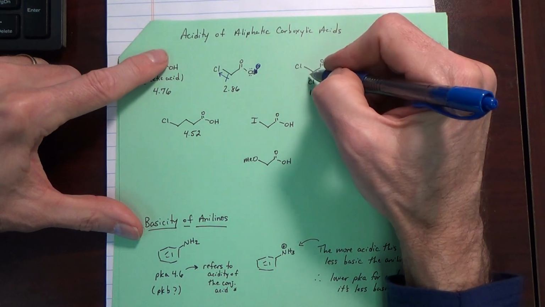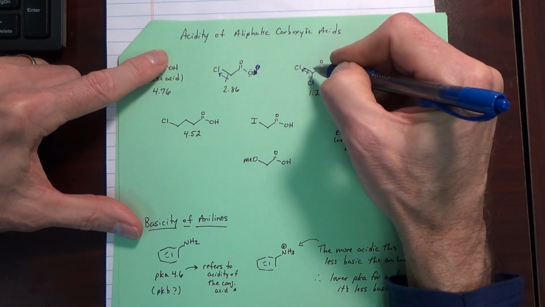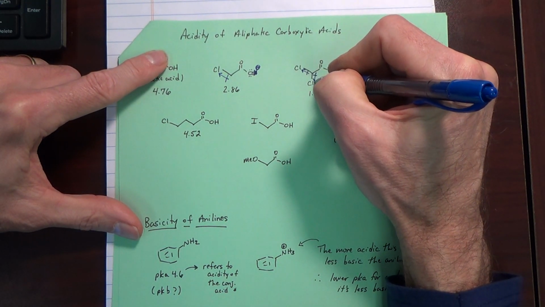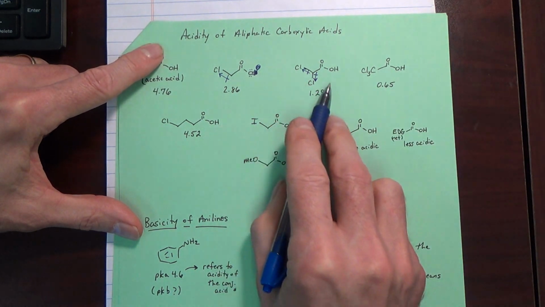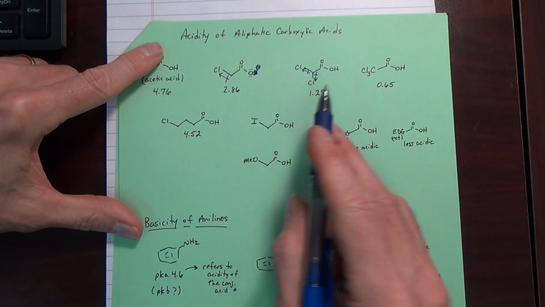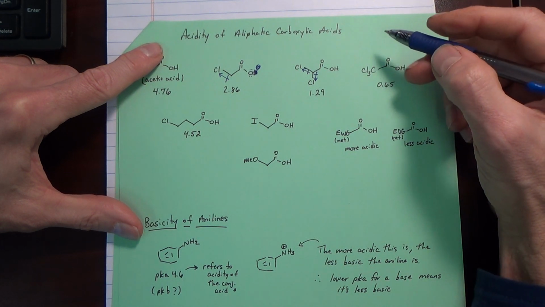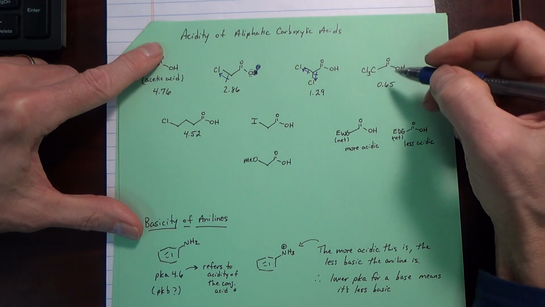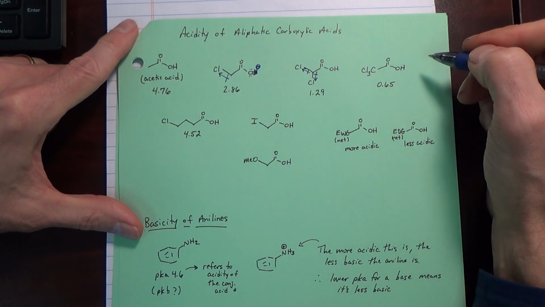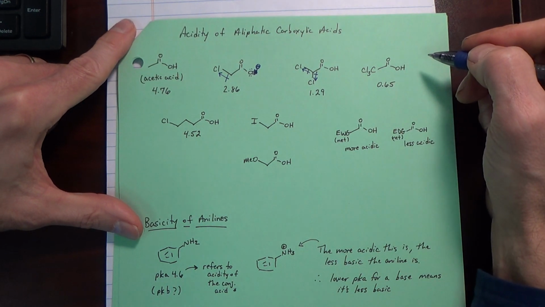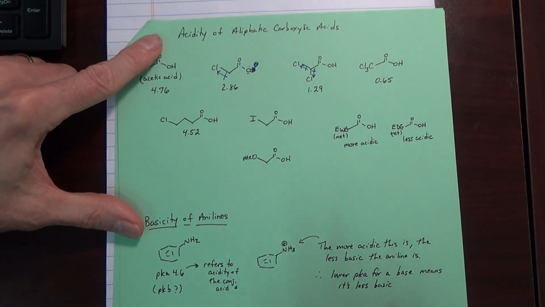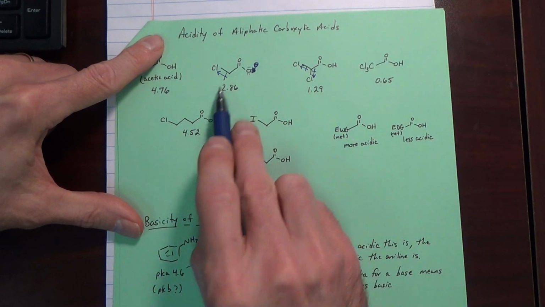If we put 2 chlorines there, we've got twice the effect. The compound becomes even more acidic. If we put 3 chlorines, and you can show it condensed, sometimes shown like that, even more acidic. We can compare these two.